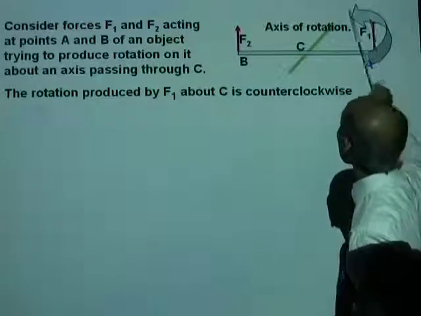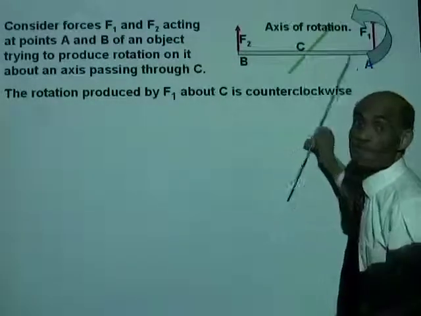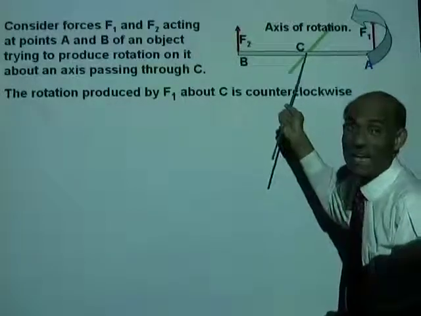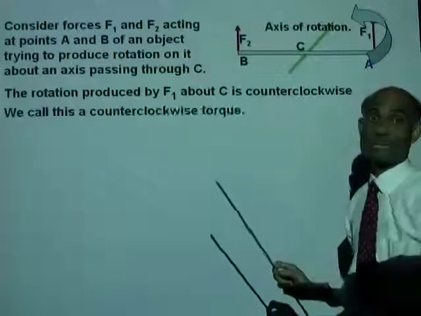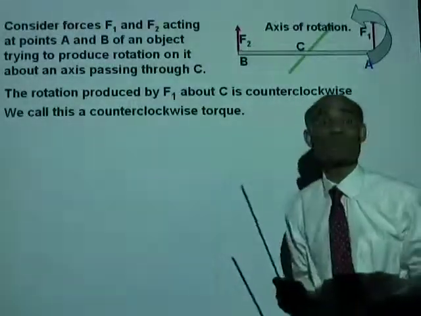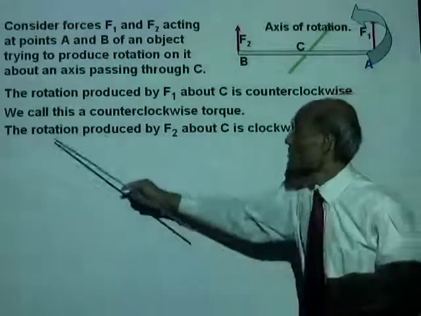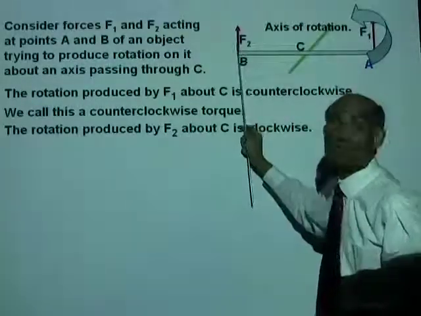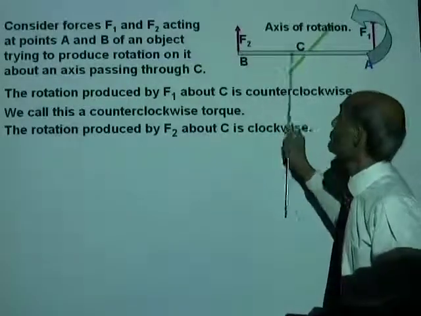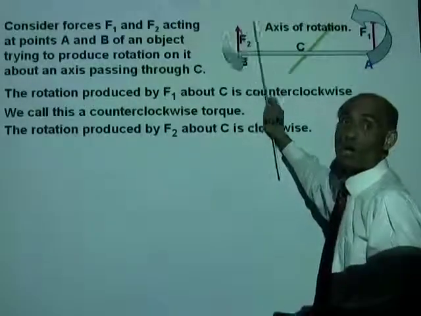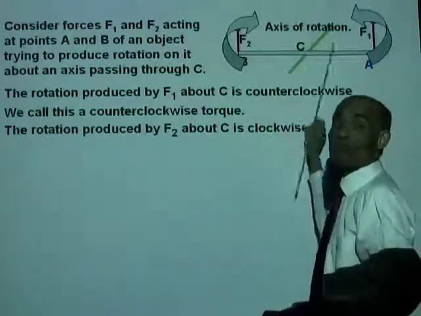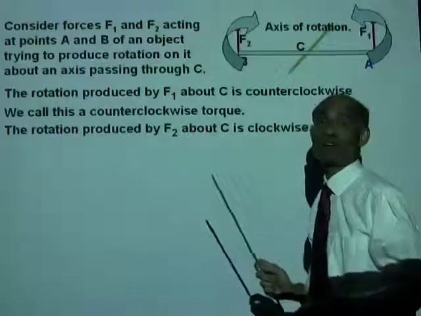So force F1 produces a counterclockwise rotation about an axis that passes through C. We call this a counterclockwise torque. The rotation produced by F2, on the other hand, about an axis that passes through C will be clockwise, in the direction of motion of the hands of a clock.